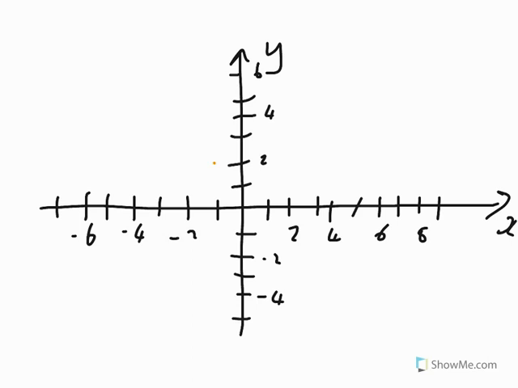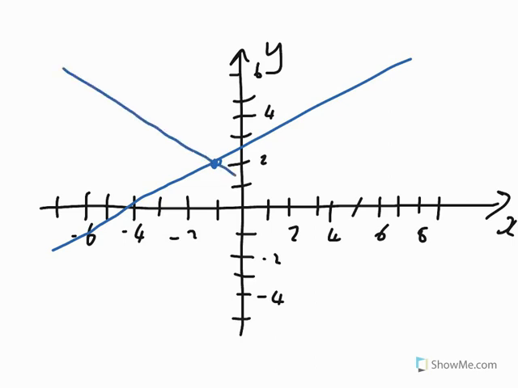So that's where our centre will be here. So our asymptotes will go through there, and so our asymptotes go something like this, and this.